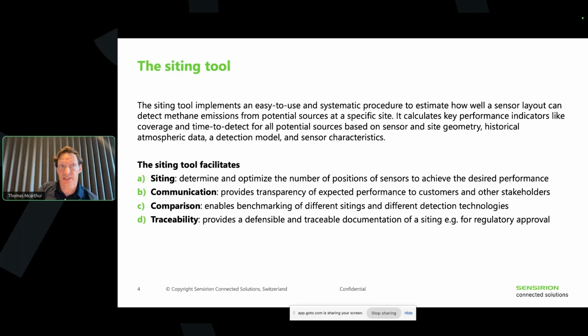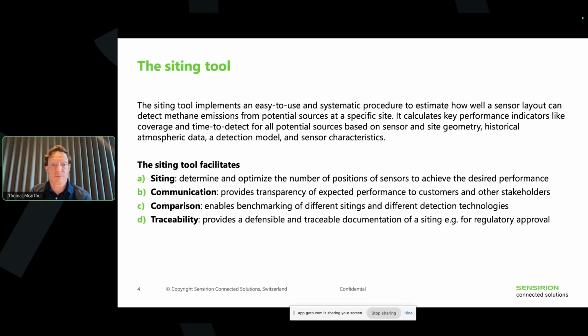And what does it facilitate us to be able to do? Obviously, number one is it facilitates us siting to determine and optimize the number of sensors and their position to achieve desired performance. It allows us to communicate in a transparent way the expected performance to customers and other stakeholders.